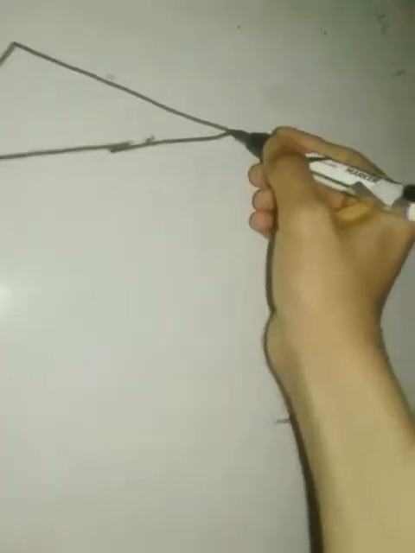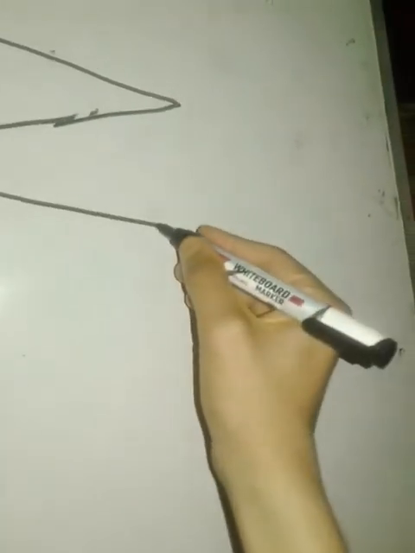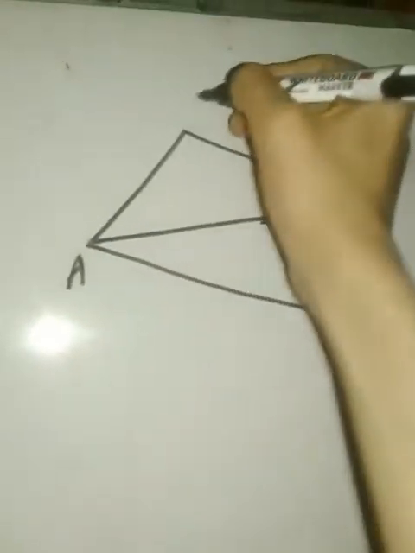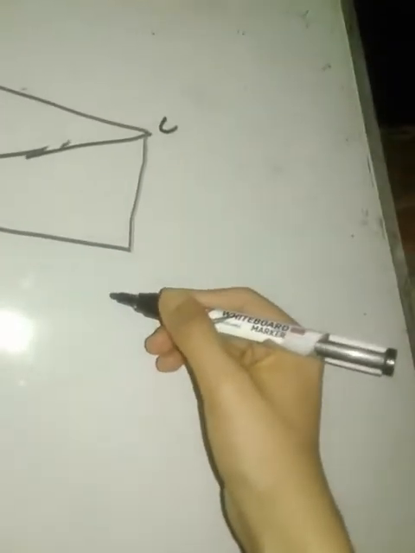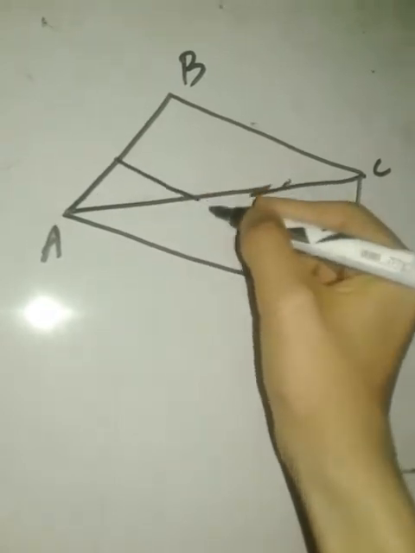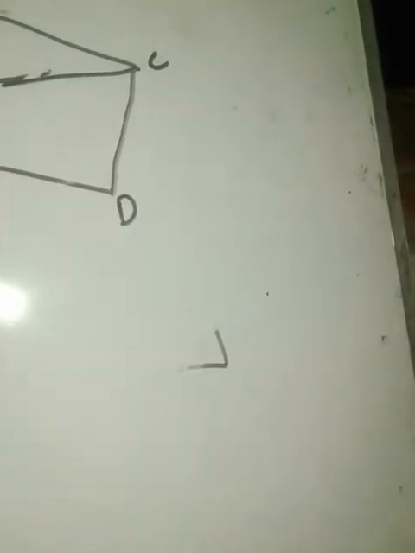We have been given the figure. The figure is like this. This is A, B, this is C, this is D. What we are provided is that LM is parallel to CB, and LN is parallel to CD.